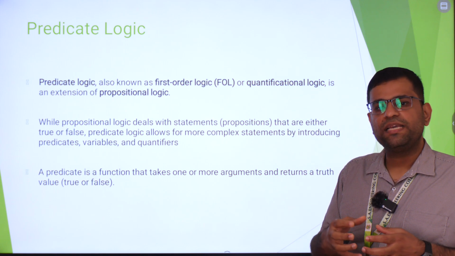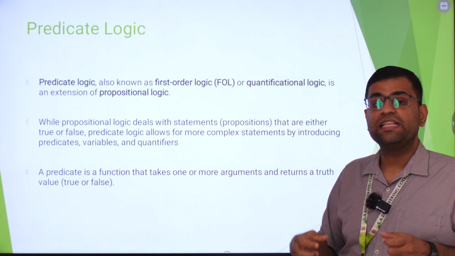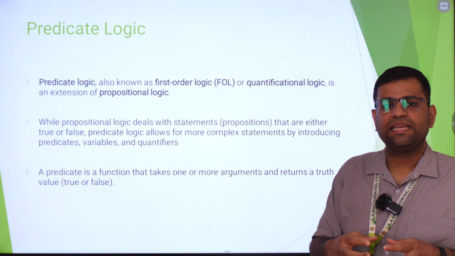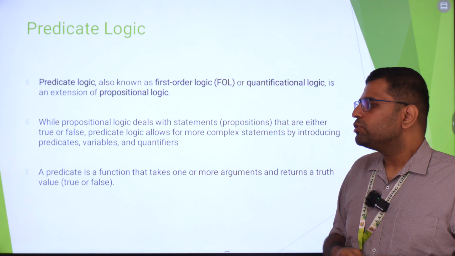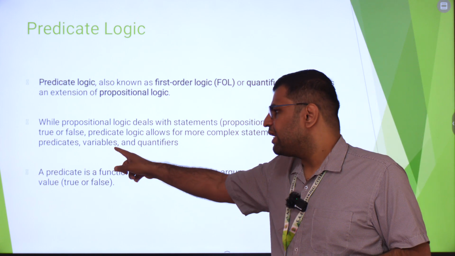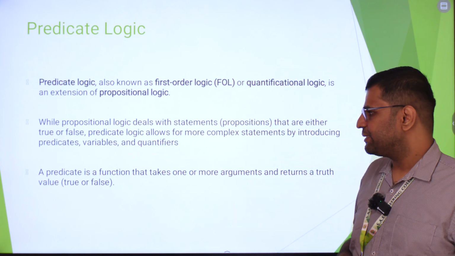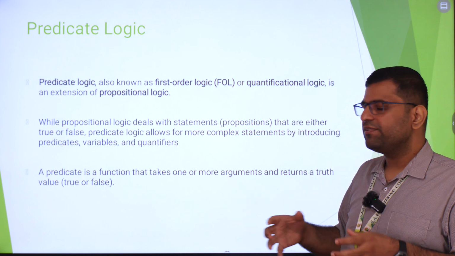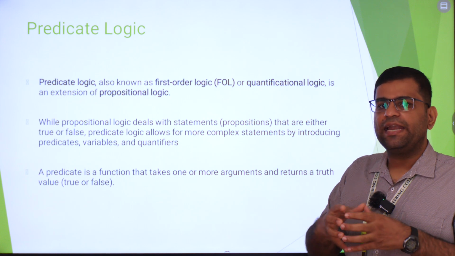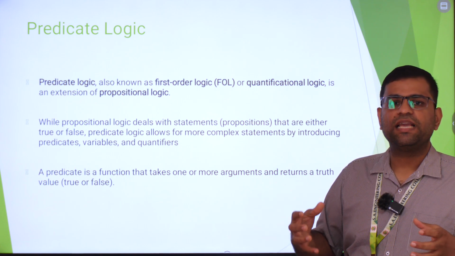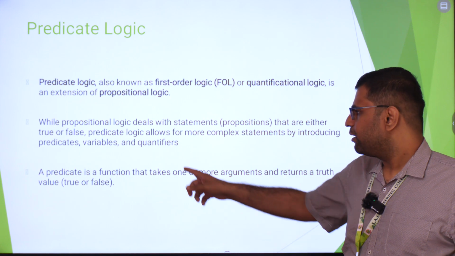Predicate logic is basically an extension of propositional logic. Instead of using a simple statement, predicate logic uses functions or relations. A function accepts variables and is connected with quantifiers. A predicate function takes one or more arguments and makes sure the entire expression becomes either true or false based on the quantifiers.